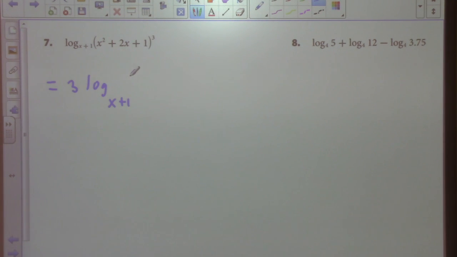Simplify x squared. Then this one's going to be what? X plus 1 squared. So then we have 2 times 3 or 6 log base x plus 1 of x plus 1. What's this going to be? 1. So B for the answer. Answer 6. So we'll just leave it there today.